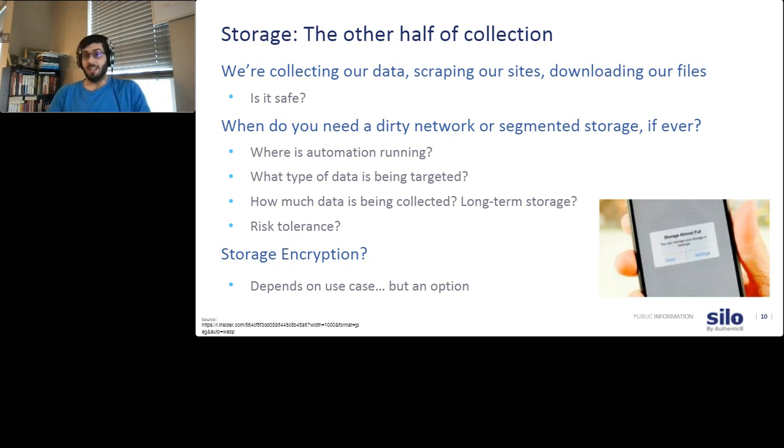Now, that will increase the level of effort needed for both sustaining the automation and the downstream analysis, especially if you're working with data that might be coming from a clean network as well as that dirty network. But risk tolerance is really what you're going to have to understand before you pick the storage solution.